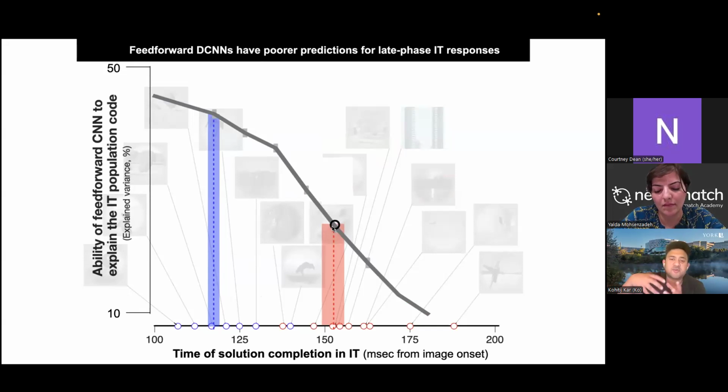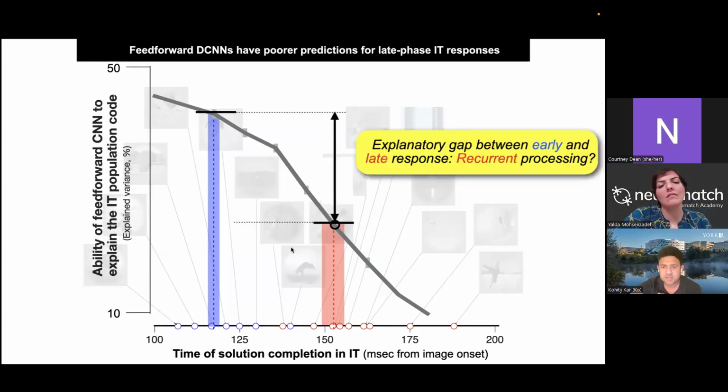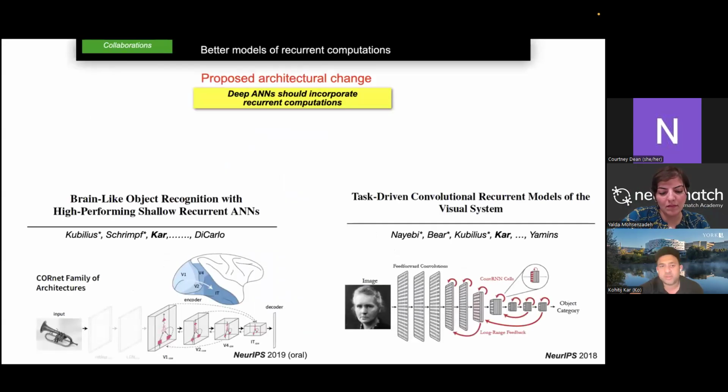So it is converging evidence that maybe these models are specifically failing to account for the part of the response where there is more feedback information in the system, which the models are currently not accounting for. Again, there was a lot more analysis done on this in the paper, so please read the paper if you're interested. So this explanatory gap could be considered another piece of evidence that the models are missing recurrent processing, and that recurrent processing is really helping the system to gain higher accuracy.